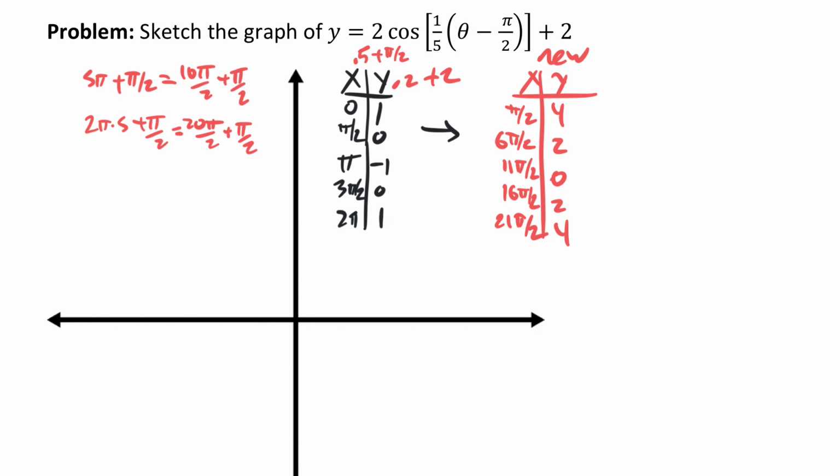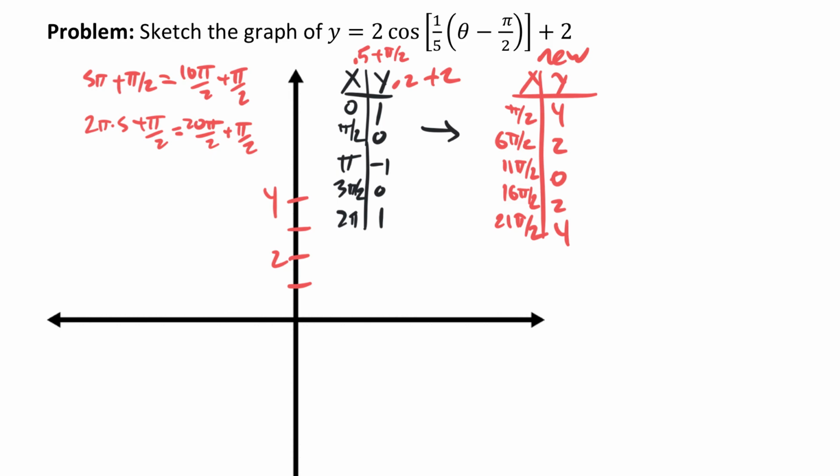For the y-axis, we're going to have 1, 2, 3, 4. Looks like my tables might be getting in the way. We'll move those in a minute. And then for the x-axis, well, they're all pi over 2s. We might be able to make 21 tick marks. Might be a little tricky.